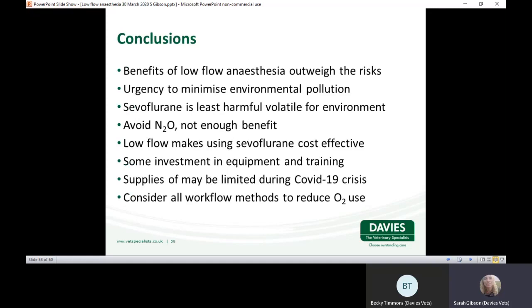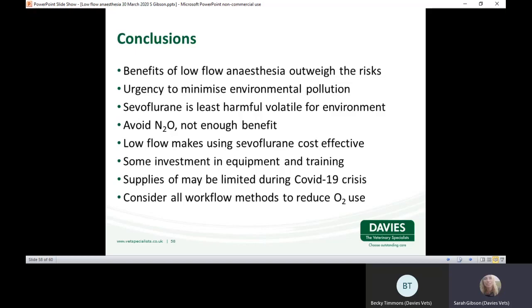So in conclusion, there are lots of benefits to low flow anaesthesia, and these outweigh the risks if we know what we're doing and are careful. So there is urgency to minimise environmental pollution, and low flow anaesthesia is something we can all do quite quickly. So sevoflurane is the least harmful volatile for the environment. We should be avoiding nitrous oxide, there's not enough benefit.